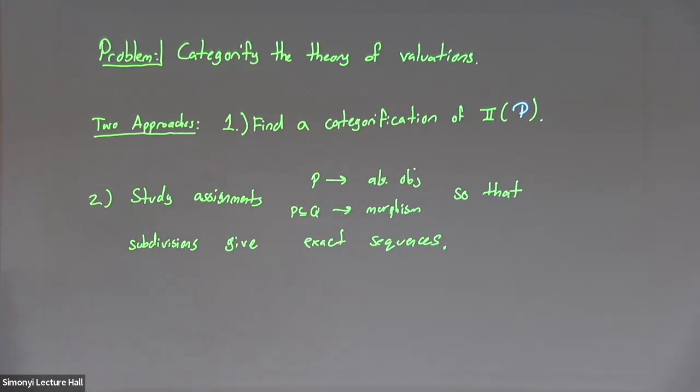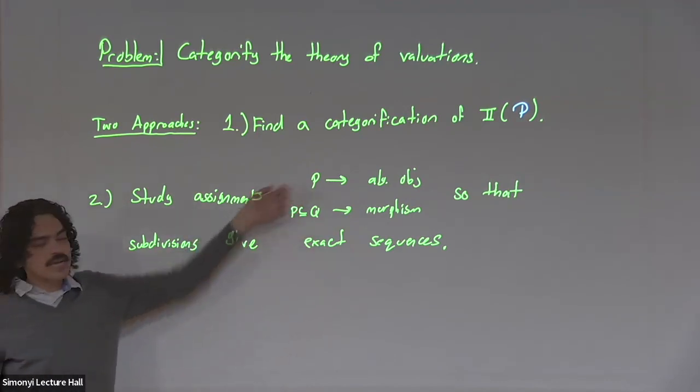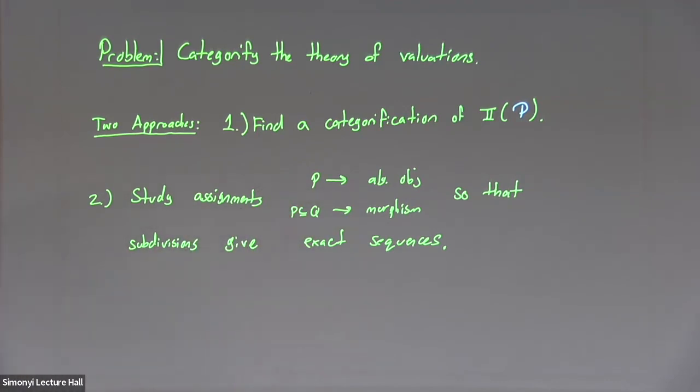This is some functor from some category built on your polytopes, such that subdivisions of your polytope give rise to exact sequences in the image of the functor. And this would be extending the fact that valuations are inclusion-exclusion invariants.